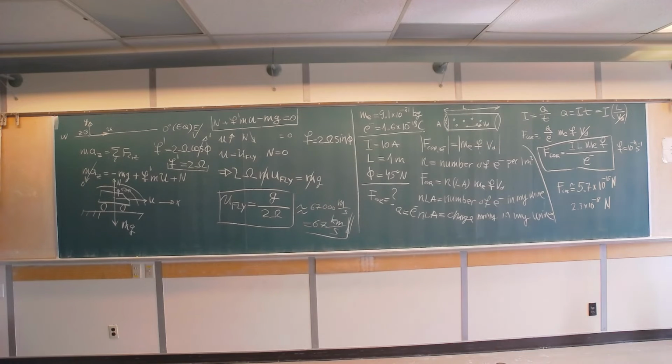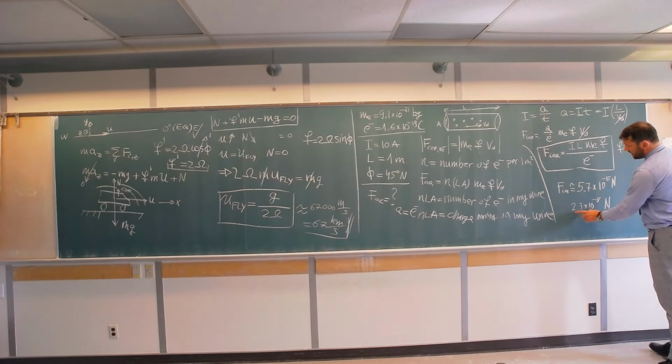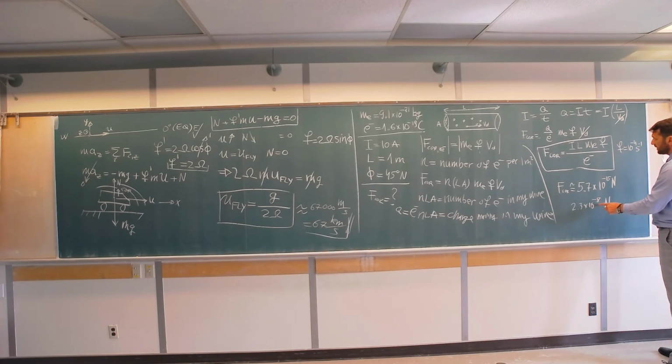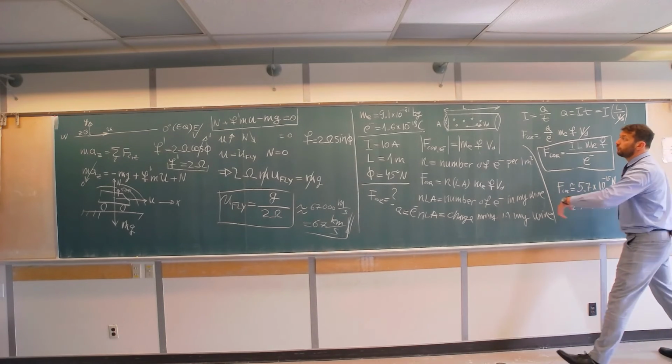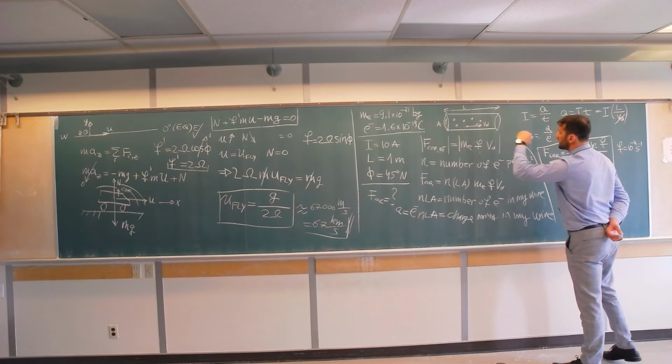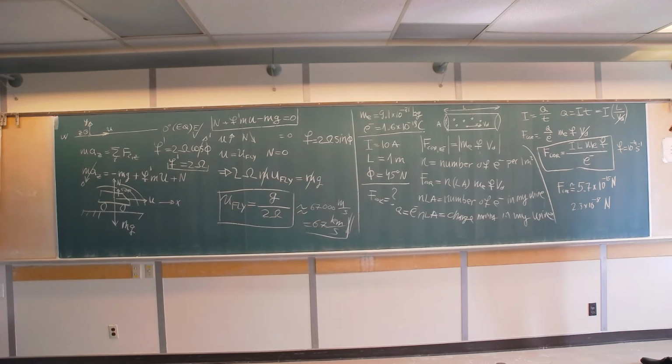So if you think about it, the repulsive force between two electrons is 7 orders of magnitude larger than the Coriolis force of all these electrons combined in this wire.